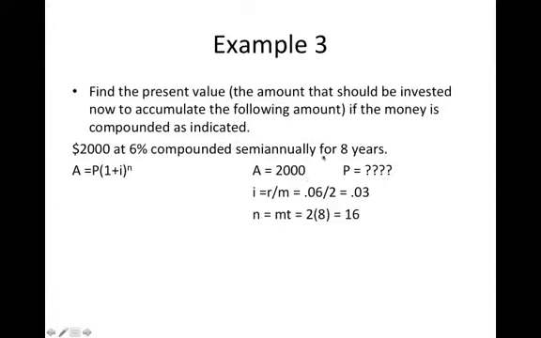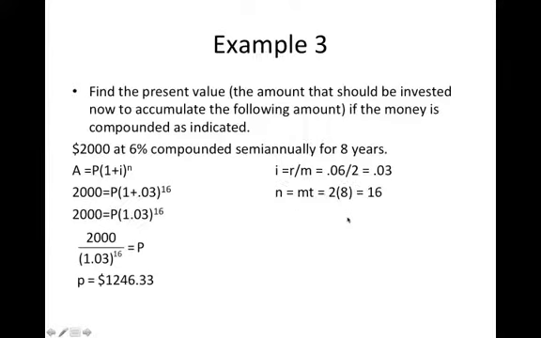So I want to end up with $2,000. I'm looking for how much I need to invest right now, what my principal should be. So I is equal to R over M, so 0.06 divided by 2, so 0.03, because remember semi-annually means twice a year, so M is 2. N is equal to M times T, so 2 times 8 is 16.